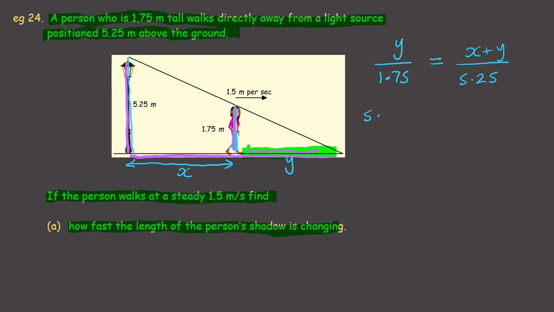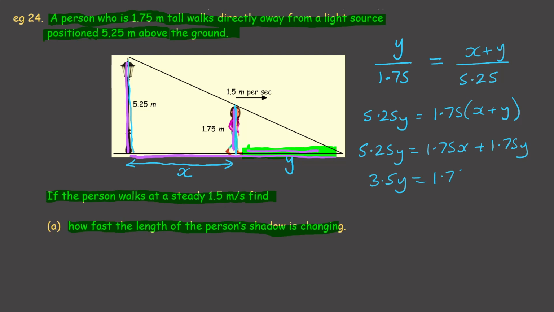So that gives me 5.25y is 1.75 times (x plus y). So 5.25y is 1.75x plus 1.75y, and that gives me that 3.5y is equal to 1.75x. So 2y is equal to x, and that means that y is equal to a half x.